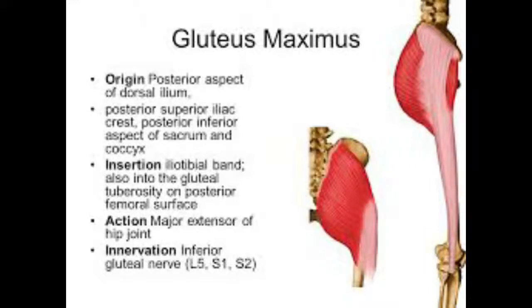The gluteus maximus. Its origin is the posterior aspect of the dorsal ilium, posterior superior iliac crest, and posterior inferior sacrum and coccyx.